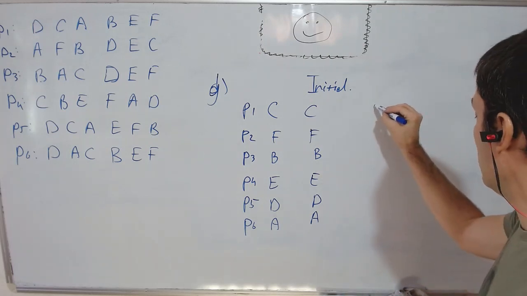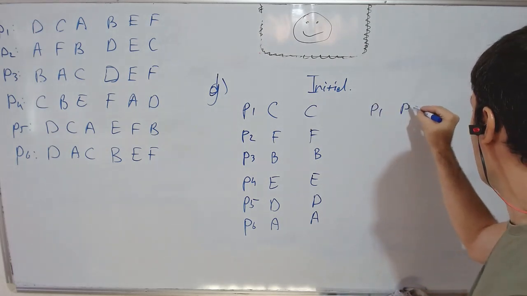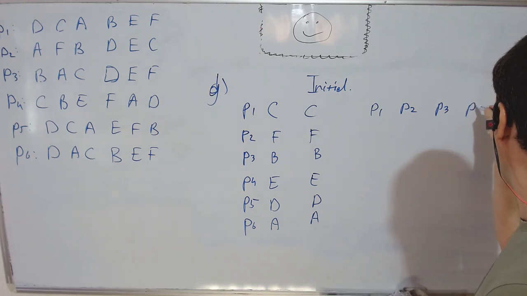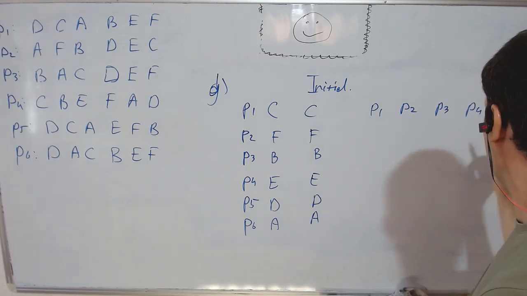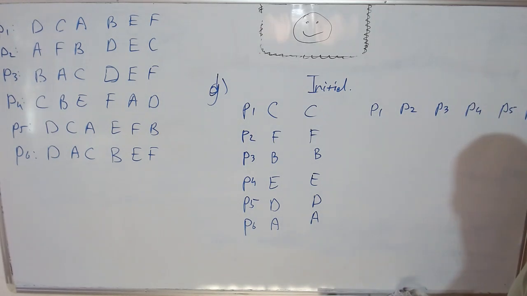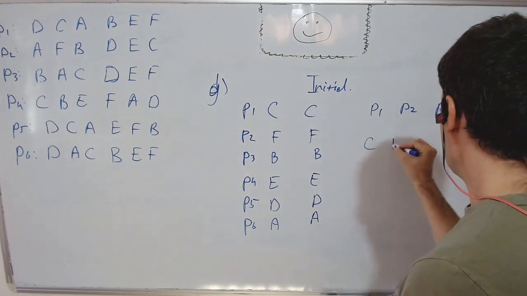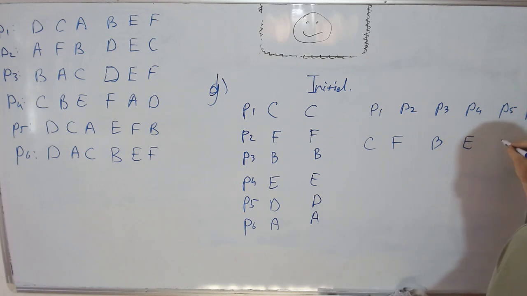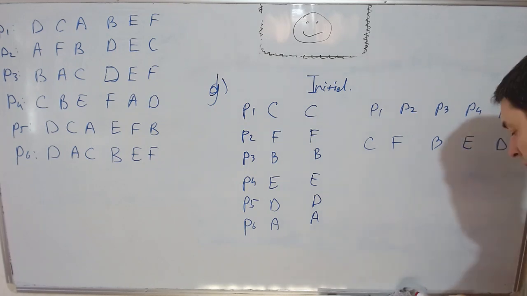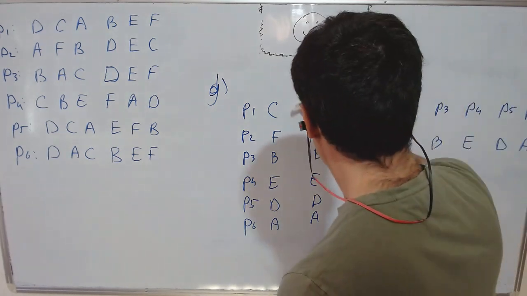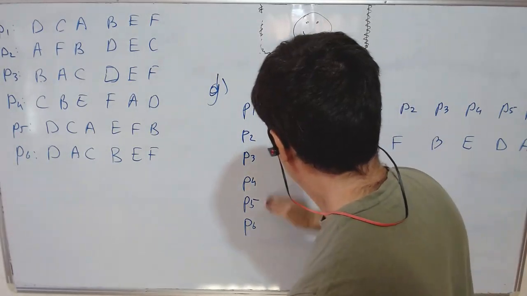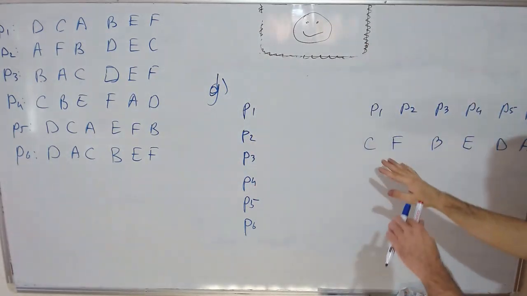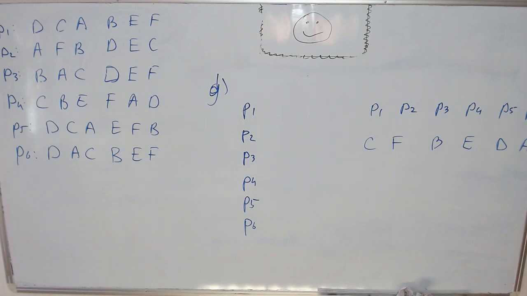So let me demonstrate this for you. Suppose I were to start running this algorithm and my initial ownership was C, F, B, E, D, A. Let me erase this part and pretend I'm running the top trading cycle starting from here.